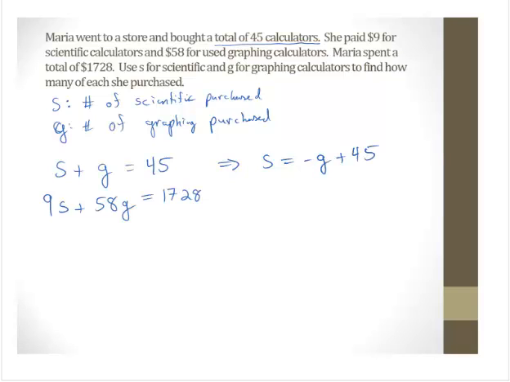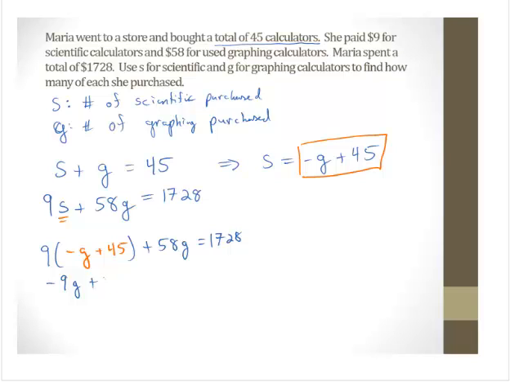And I'll make that substitution, negative G plus 45 for S in the other equation, yielding 9 times negative G plus 45 plus 58G is 1,728.